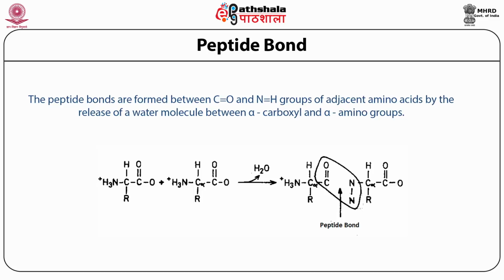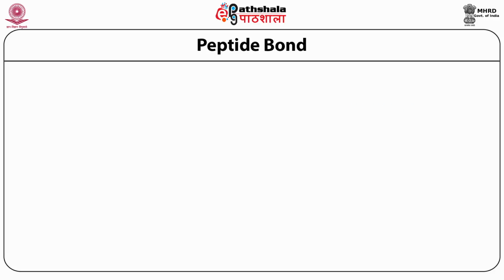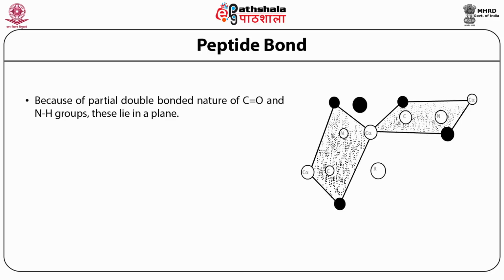We can see here two amino acids and CO, the oxygen, and NH3, the H2, these two combine and a water molecule goes away. What is left is C double bond O and NH.